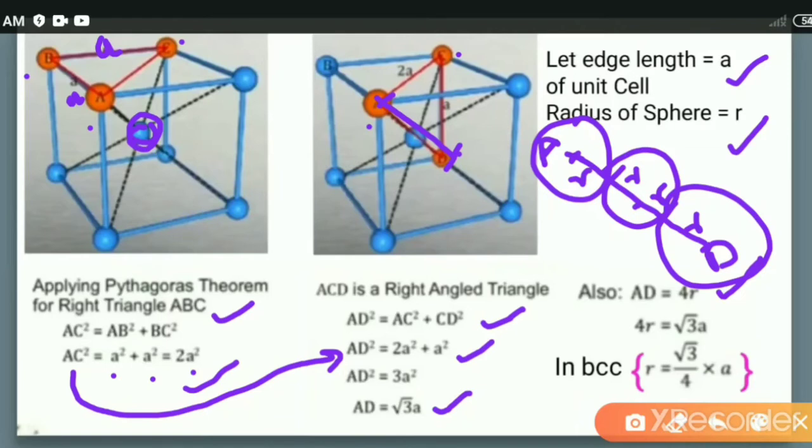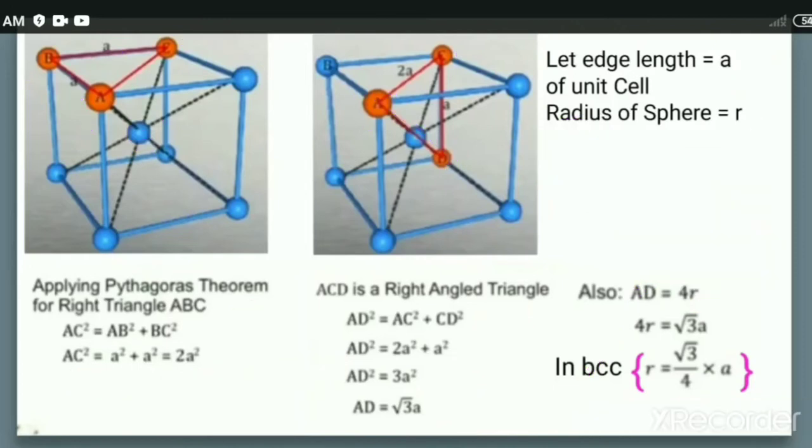So we can say that AD is equal to 4R. Equating AD is equal to root 3 A with AD is equal to 4R, we get 4R is equal to root 3 A, then R is equal to root 3 by 4 A. So this is the relation between R and A for the BCC: R is equal to root 3 by 4 A.